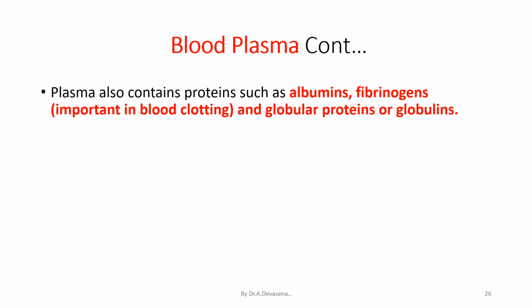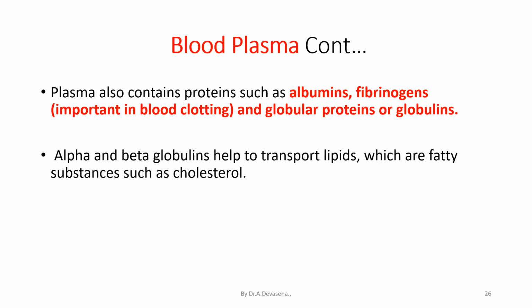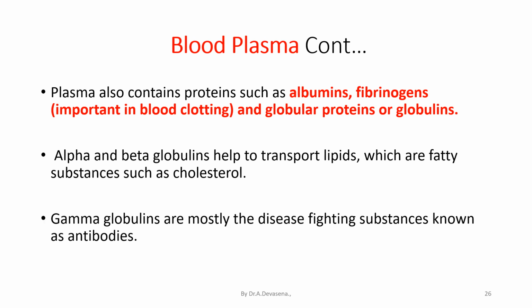Plasma also contains proteins such as albumins, fibrinogens, and globulins. Alpha and beta globulins help to transport lipids, which are fatty substances such as cholesterol. Gamma globulins are mostly the disease-fighting substances known as antibodies.